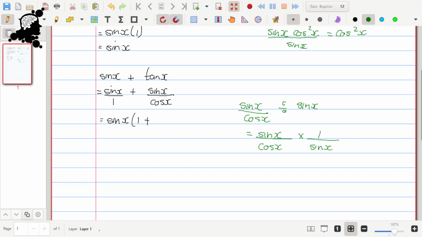In such an instance, the sine of x and the sine of x will cancel out. You remain with 1 over cos of x. So let's go ahead and fill this in. This is going to be 1 over cos of x. Brilliant. We are done factorizing the expression.